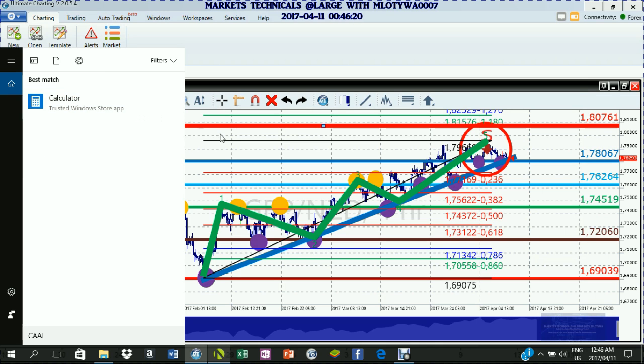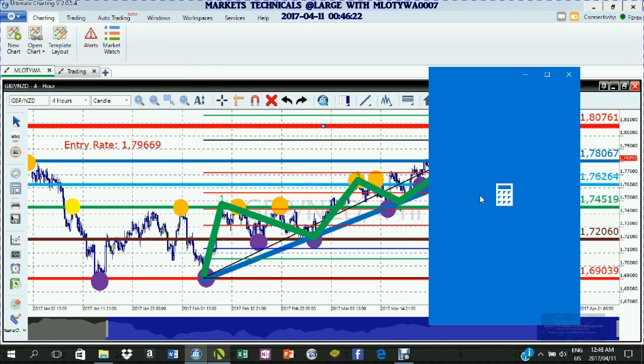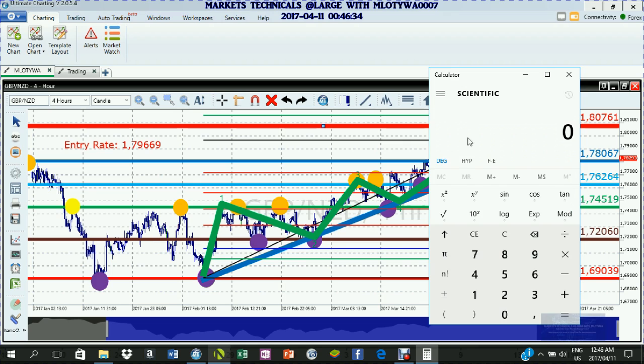I want this to be at most 30 pips. Not more than that, guys. 30 pips is enough. So you will be willing to lose, that is 1.080761.